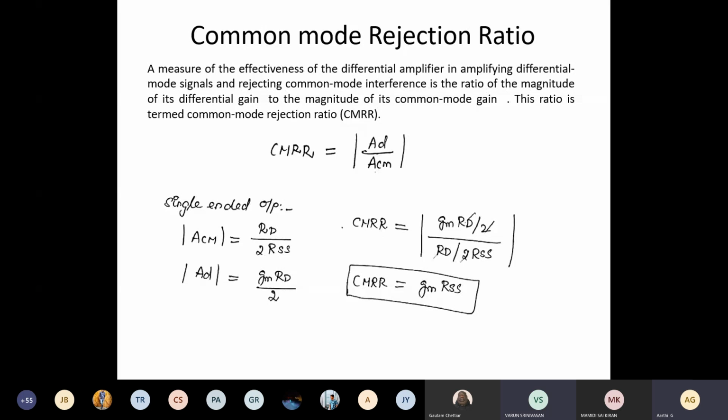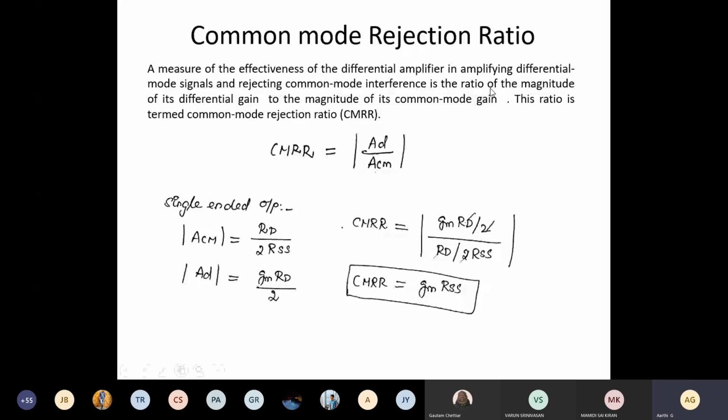Ma'am, can you just explain once what is common mode rejection? Common mode rejection ratio is the ability or effectiveness of the amplifier. The purpose of the differential amplifier is to amplify the differential mode signal and reject the common mode signal.